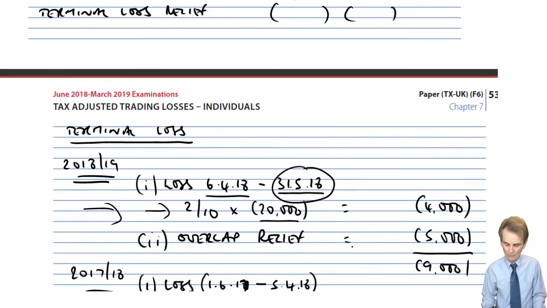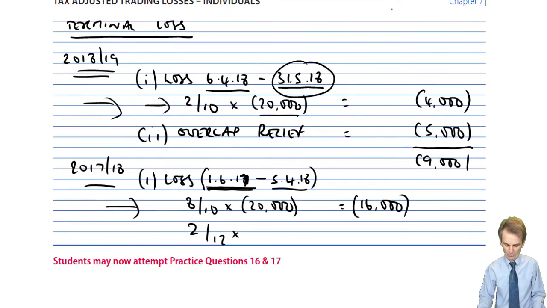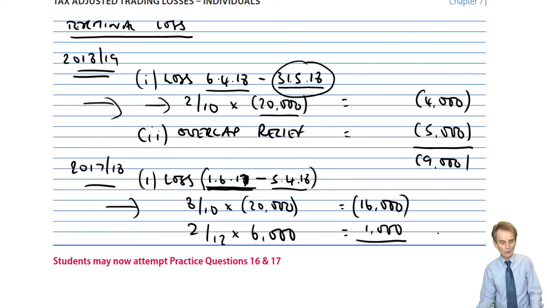What was the profit figure? Sorry, I keep churning you back from one screen to another there. That was £6,000. Therefore, into this computation, 2/12 of a £6,000 profit, that, well, 2/12 is 1/6 of 6,000, is £1,000. Therefore, that will serve to reduce that £16,000 of loss down to £15,000.